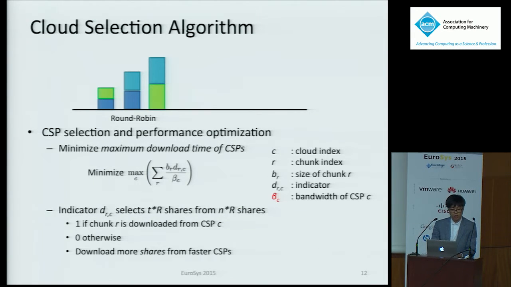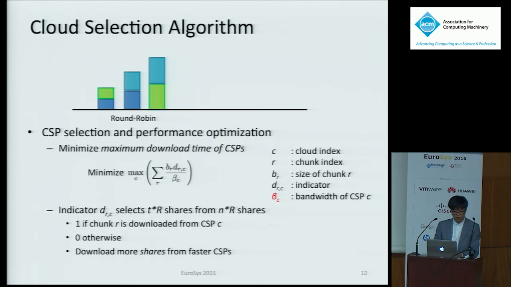Okay. Unlike the share upload case, we can select the clouds optimally based on the performance from the client. We need only T shares out of N for each chunk. Each client then maintains the history of throughput to each cloud and minimizes the download time using this formula.